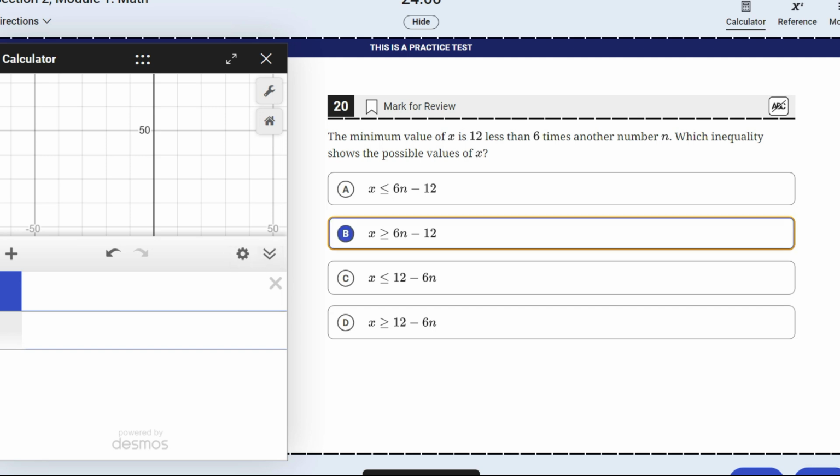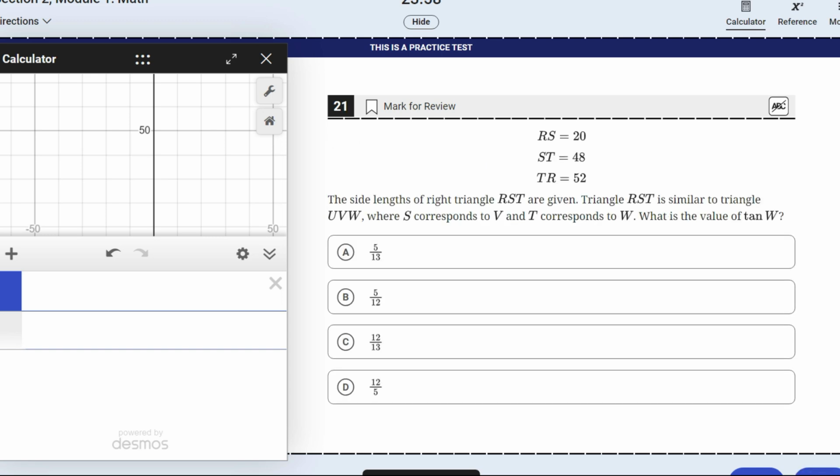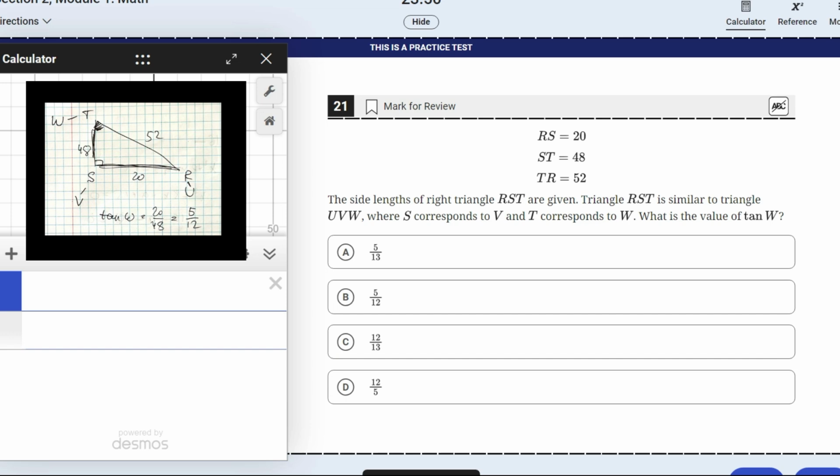Okay, two similar, no, this is the right triangle. So for the right triangle, let's have a sketch because we want to know where we have a right angle and where is the hypotenuse. The right angle should be opposite the hypotenuse, the longest side. So that means that S is the right angle. After that, we write corresponding vertices for the second triangle.